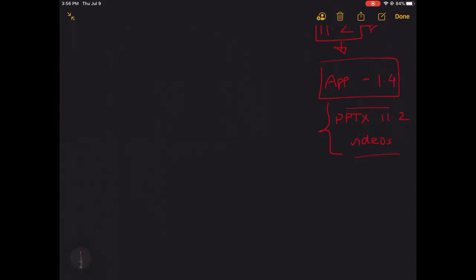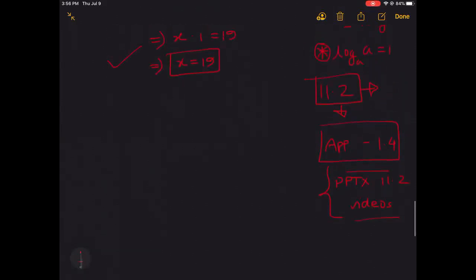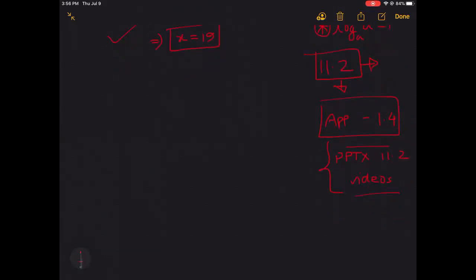But definitely you'll have questions where you will be asked to find the domain. So it's really important to know these steps, how to find the domain for any function of any format. As you approach the final, it's really important to know this. So let's try number 15.